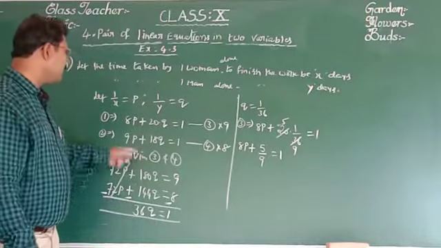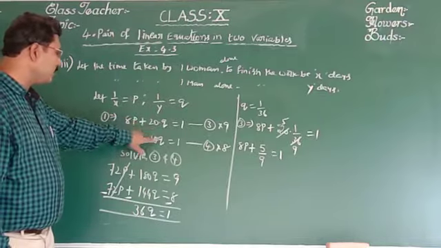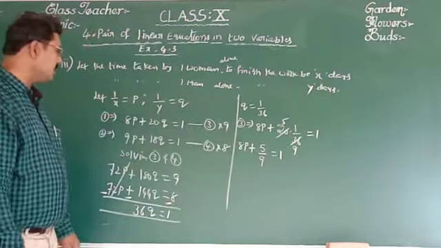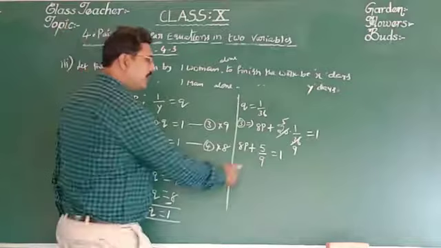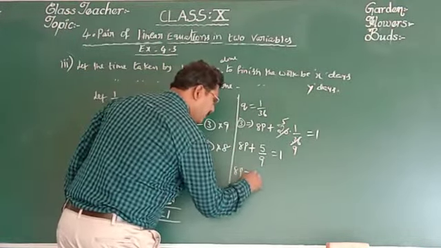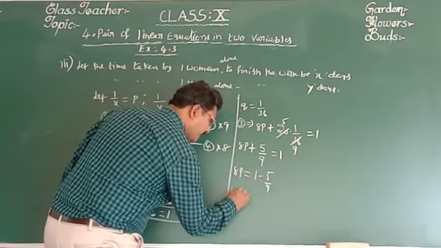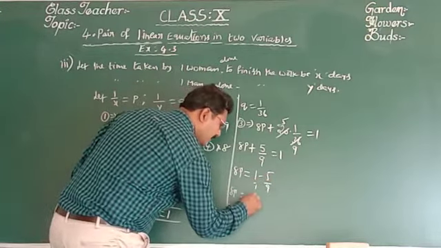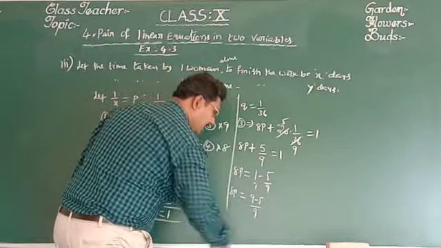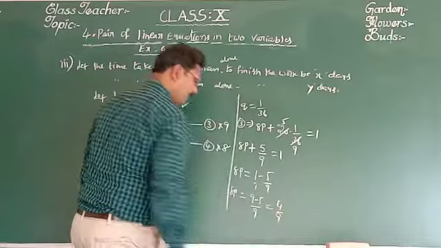After getting that, how to get the value of P? So 8P plus 20 into 1 by 36 is equal to 1. So 8P plus 5 by 9 is equal to 1. 8P is equal to 1 minus 5 by 9, which is 9 minus 5 by 9, which is equal to 4 by 9.